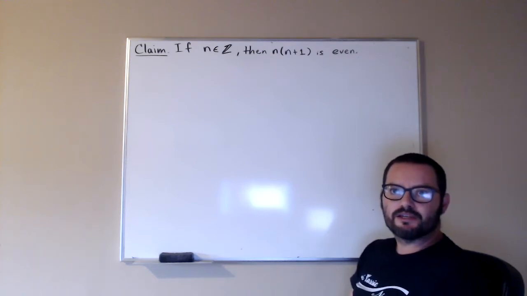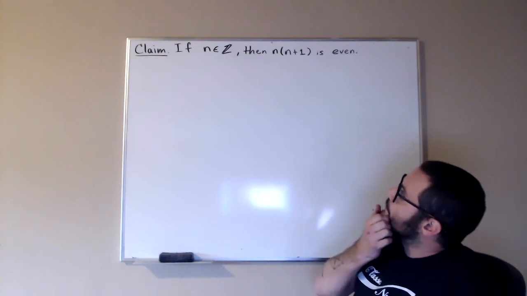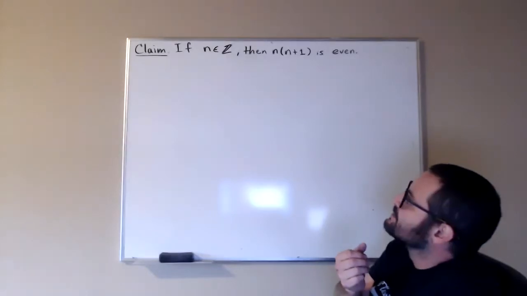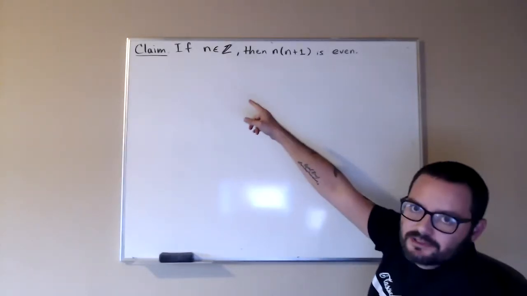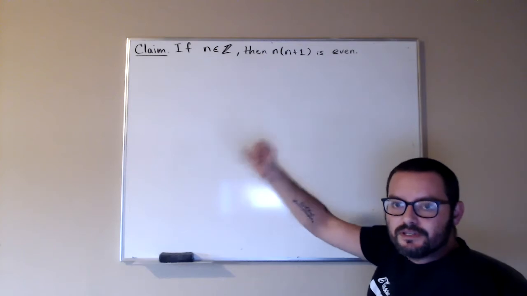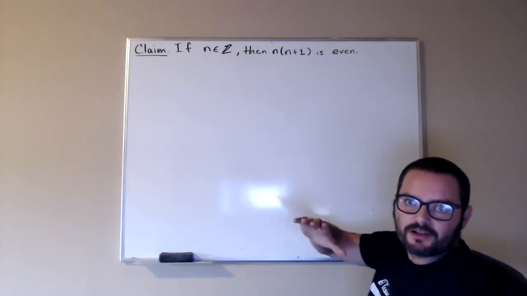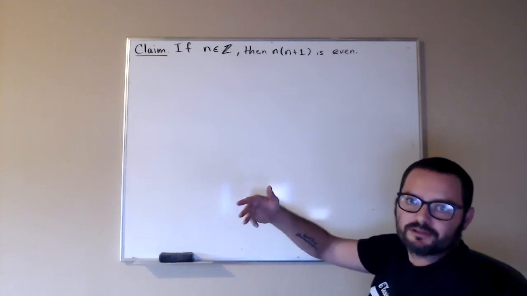Well, there's two cases to do this. So if n is an integer, then it's either even or odd, right? So those are the only two possibilities for the properties of n.